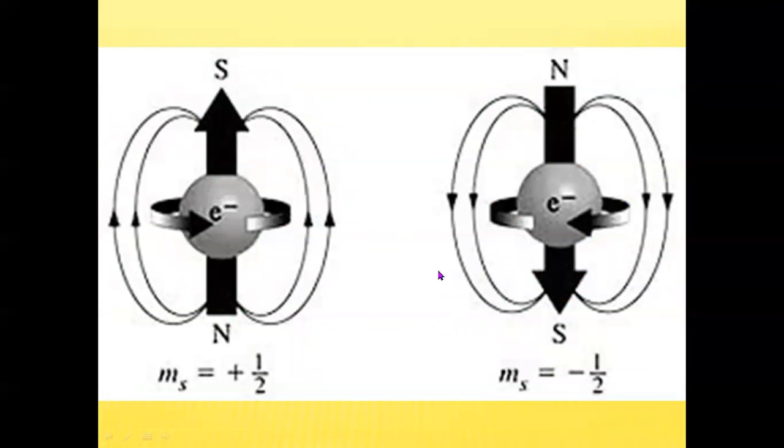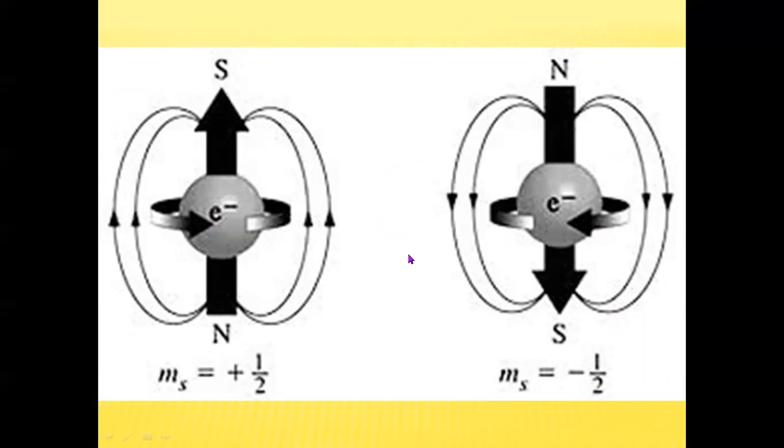Now, this figure illustrates that when electrons spin on their own axis, they produce some magnetism or magnetic moment, because the direction of the spin is opposite. So they produce magnetic moments of the same magnitude but with opposite signs, positive and negative.